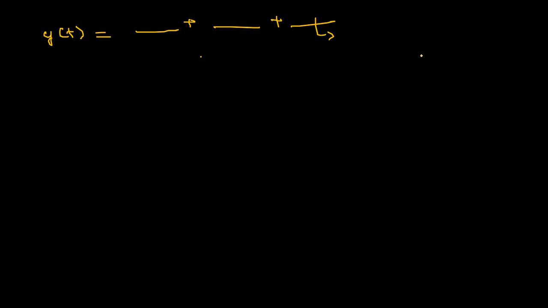Then causal and non-causal: non-causal is when it depends on future inputs, and everything else is a causal system. Then stable or unstable: if the sum of amplitudes is finite, it's stable, and if it's infinite, it's an unstable system.